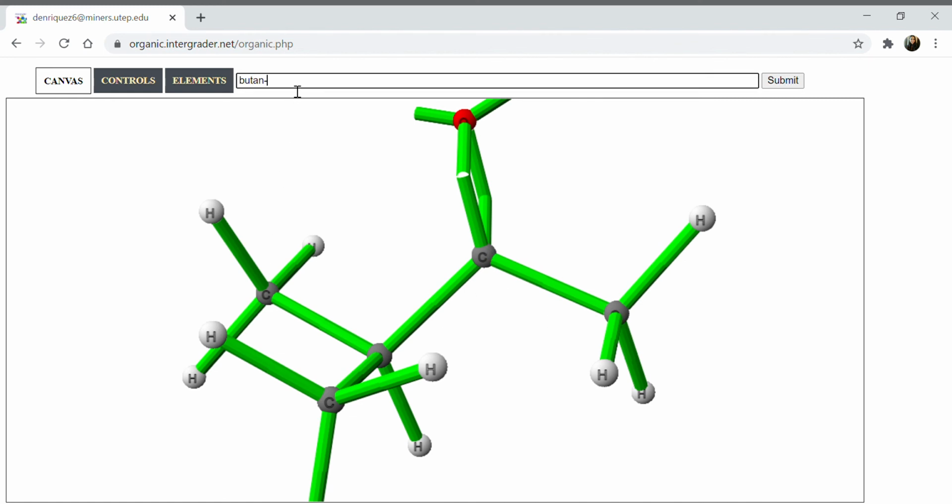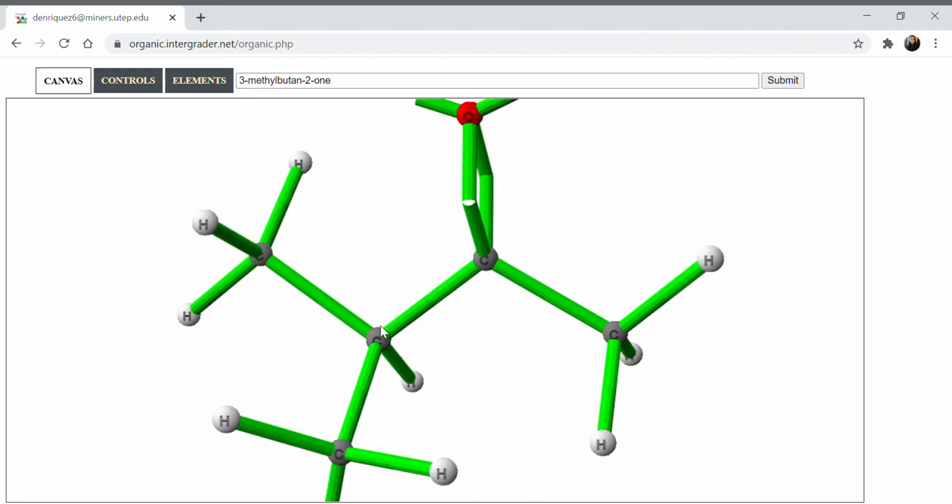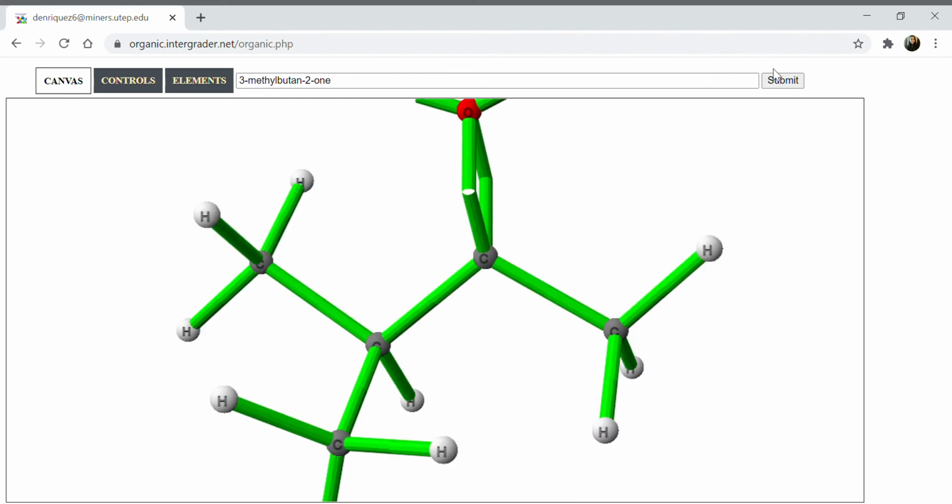Butane, and the oxygen is at the 2 position, right here. 1, 2, 3, and then we have a 3-methyl. And then I'm going to look for any chiral centers. This carbon is attached to 2 methyls, so it has 3 different groups attached, and the rest have 3 hydrogens. So that should be it.